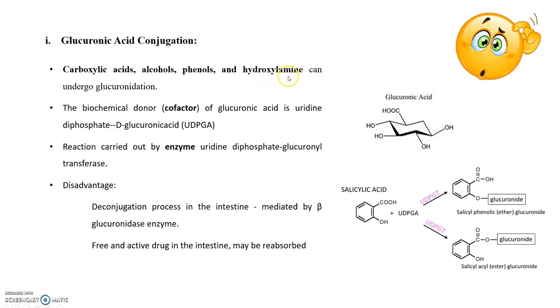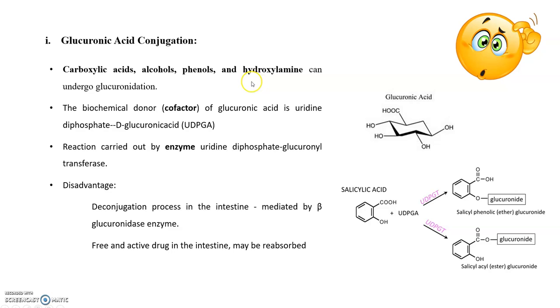These groups can be conjugated with this glucuronic acid, forming glucuronides, as you can see here. So 3 things we have to recall for everything: first, the cofactor, who is the donor of the conjugate; which is the enzyme performing the reaction; and then who is undergoing this reaction.